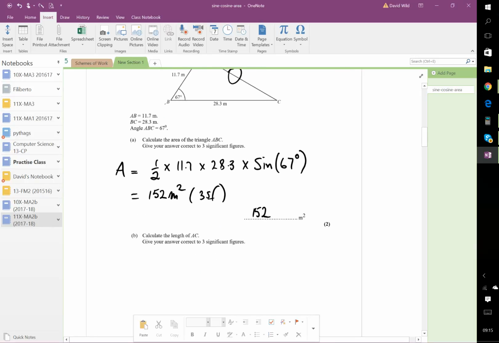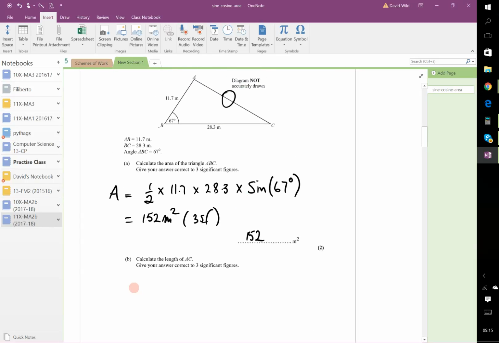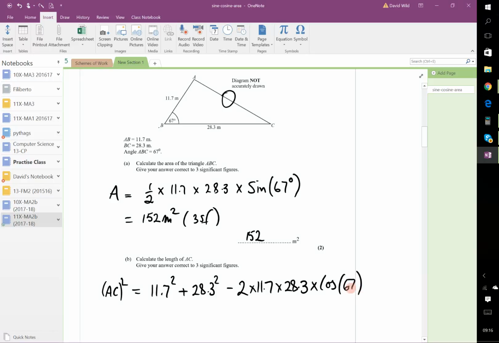So the cosine rule says, in this case, that this length squared, that's the opposite of the angle that we know, so that's AC squared, equals the sum of the squares of the other two sides, 11.7 squared plus 28.3 squared, minus 2 times 11.7 times 28.3 times the cosine of the angle between the sides. Now remember, this angle is opposite this side, and they are at opposite ends of the formula.